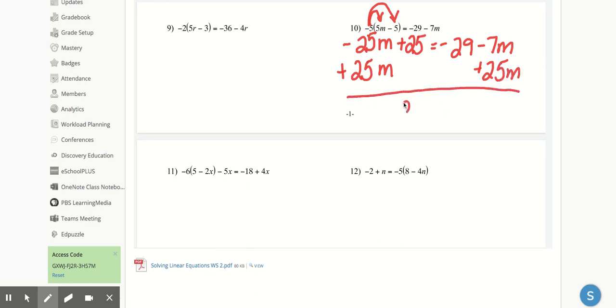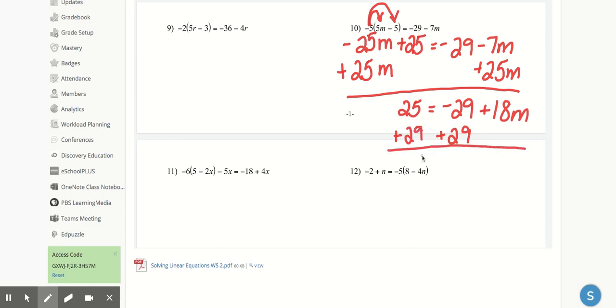So over here I have a 25, and then on the right-hand side, I have that negative 29, and then I have a negative 7m plus 25. So that's going to give me a positive 18m. And then I can move that negative 29 over, so I'm going to add 29 to both sides of the equation.